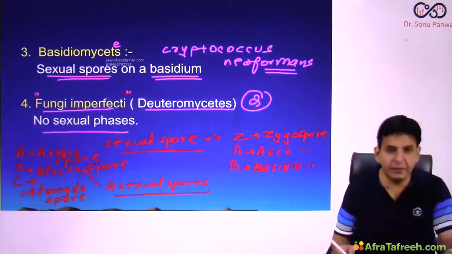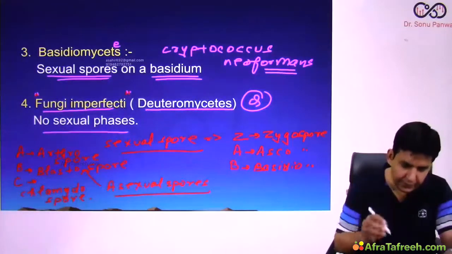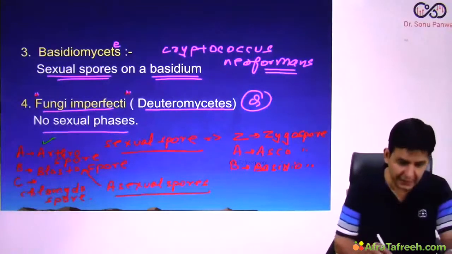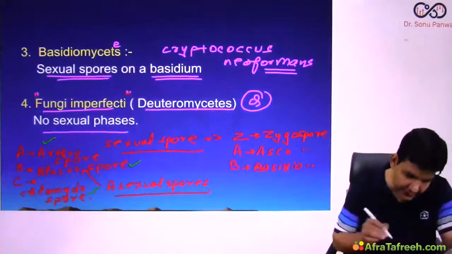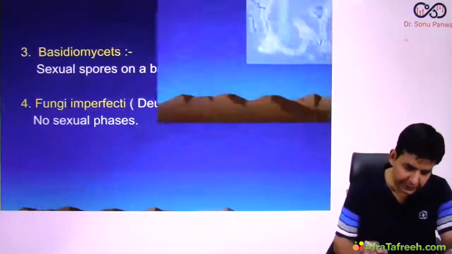So if somebody asks what are the various asexual spores, the first one is arthrospore, the second is blastospore, and the third is chlamydospore.